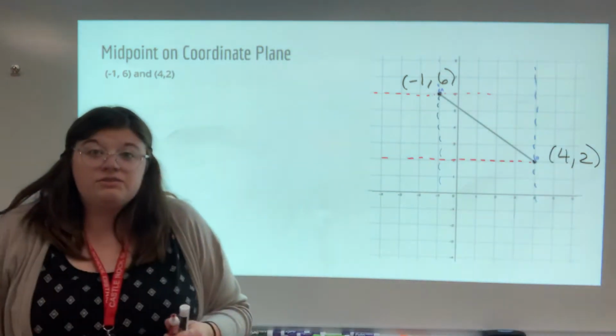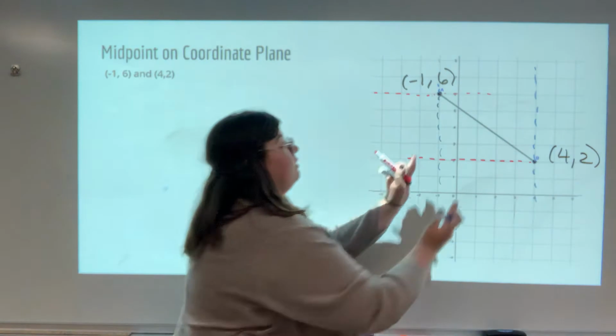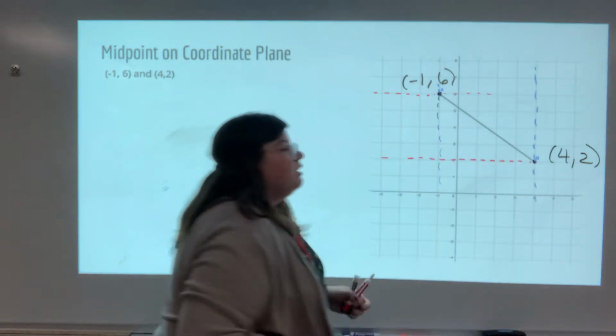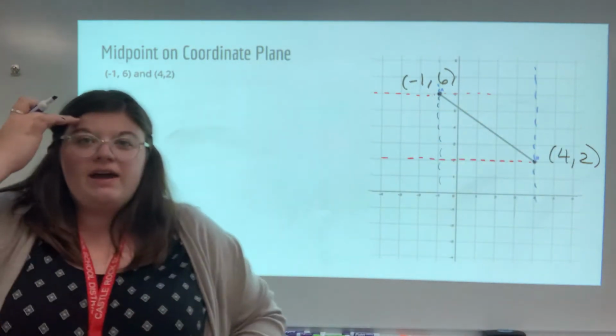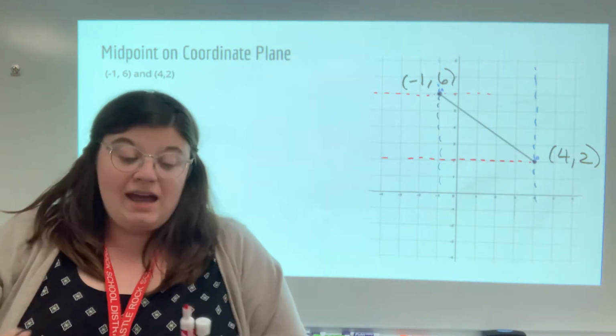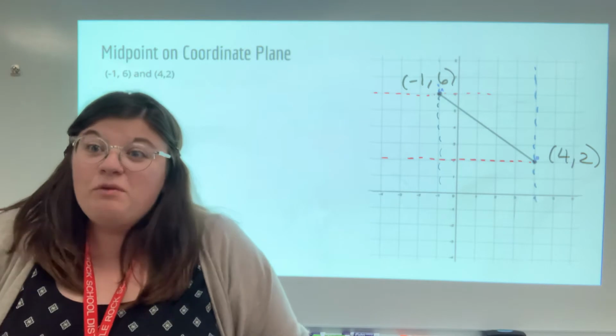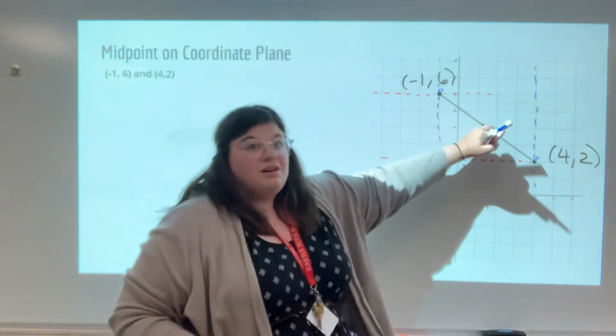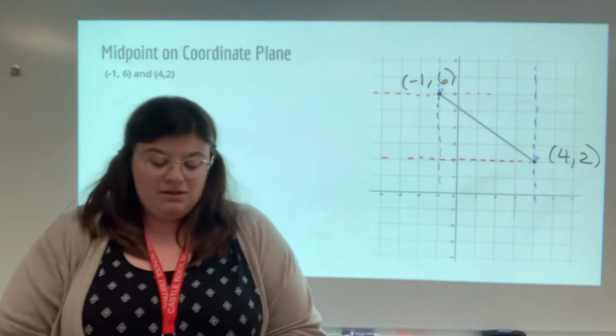There's this horizontal distance between our 2 points as well, right? Just right here. So if I could find the average horizontal distance and the average vertical distance, then I would find something pretty close to right in here, right? I'd find some sort of coordinate point.